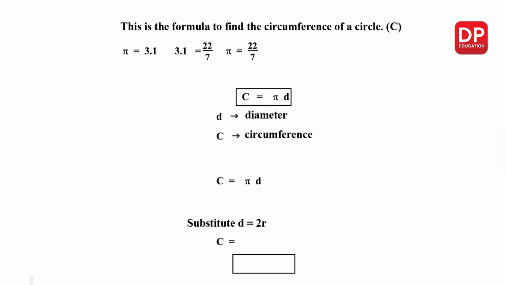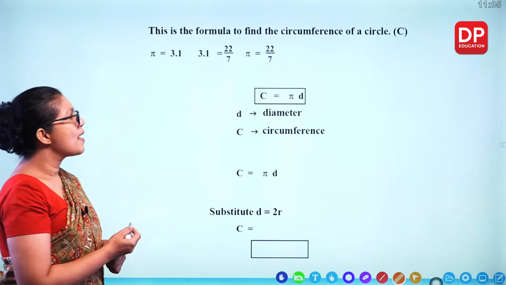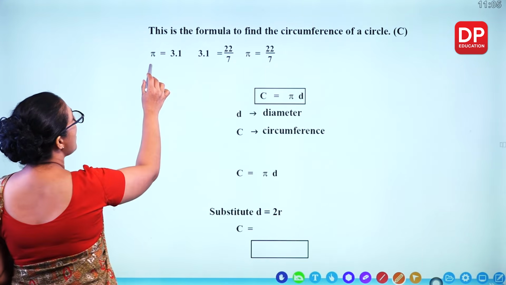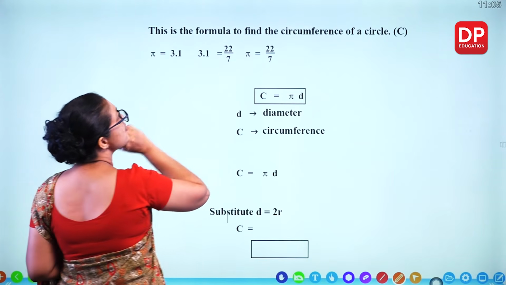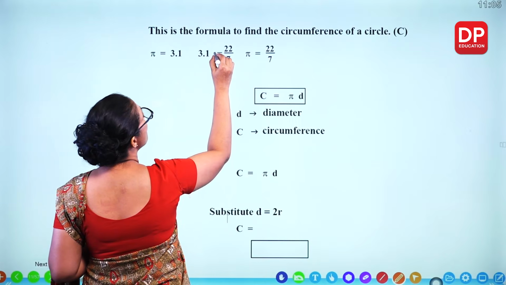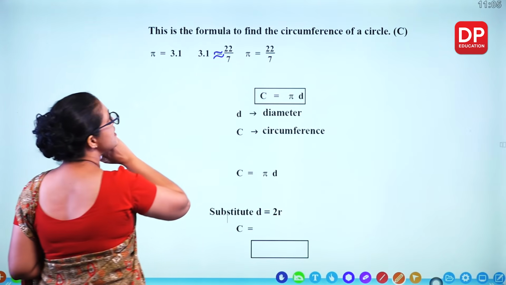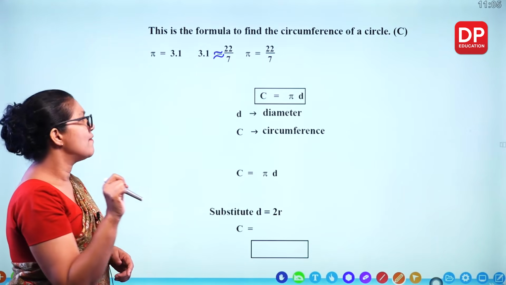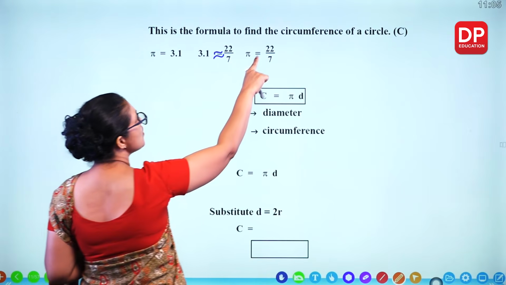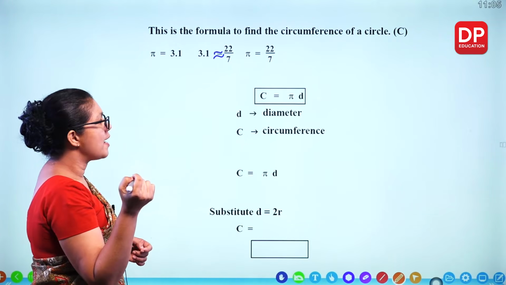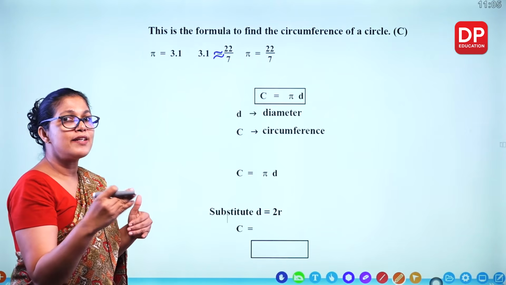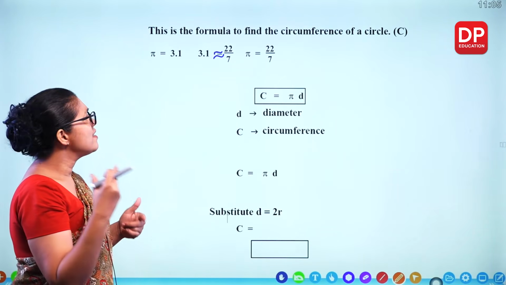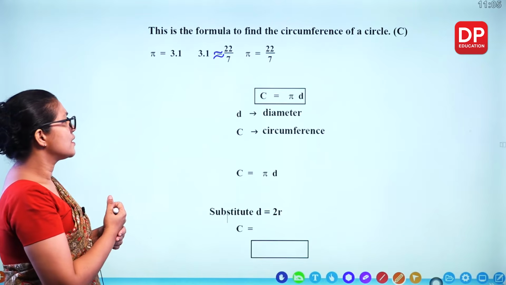This is the formula to find the circumference of a circle. We can take pi as a fraction, approximately 22 over 7, because pi is an irrational number. You can't write down the exact value, so these are estimated values.